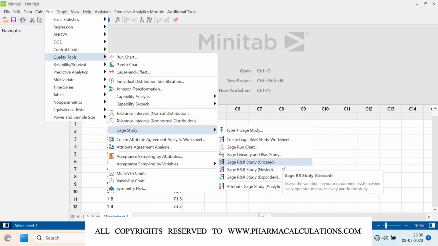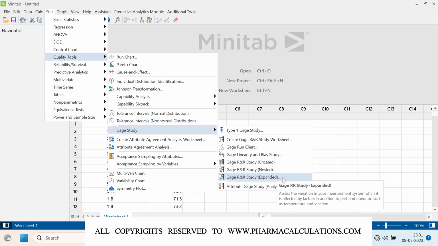In crossed, each part is measured multiple times by each operator, but in the case of nested, the measurement is taken only once, because this is a destructive testing. And coming to expanded, this is when we need to include more factors than operators and parts. In the given case, we have 3 operators and we are going to measure 5 samples, and we have measured each twice.